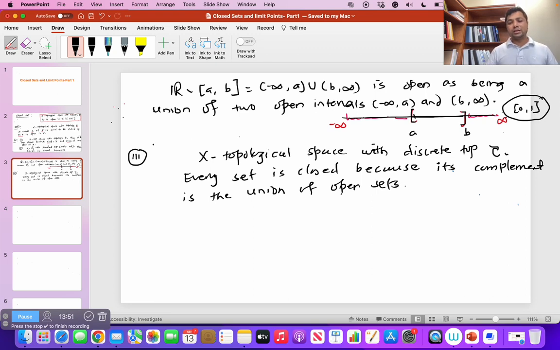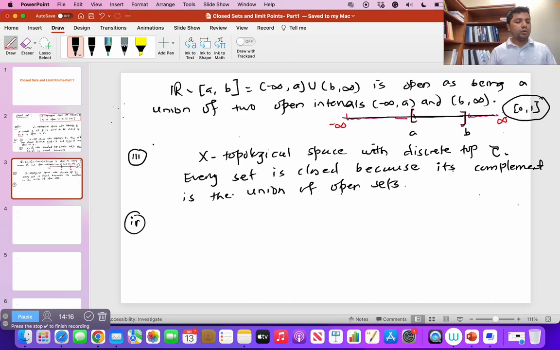Since the complement of a set in a topological space is a union of open sets, that's why every set is closed in the discrete topology. So that means every set in the discrete topology is both open and closed. This is also an important example of a closed set.